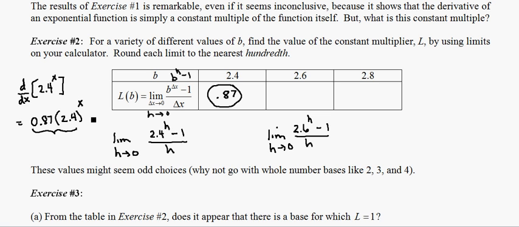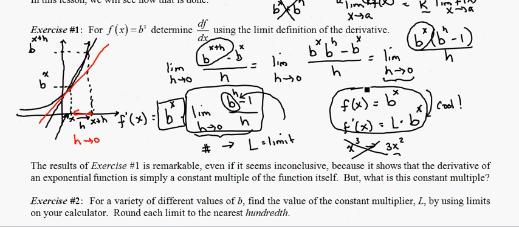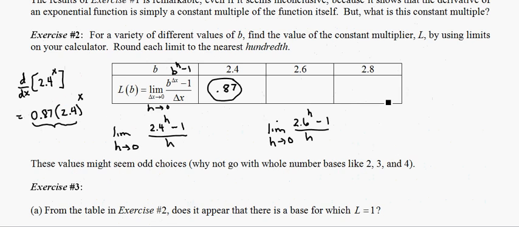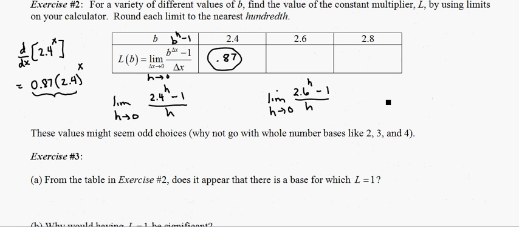We're saying we've got 2.4 to the x that we then multiplied by 0.87. That is exactly what our result up here told us, which was that our derivative will always be the original exponential function times this weird limit.